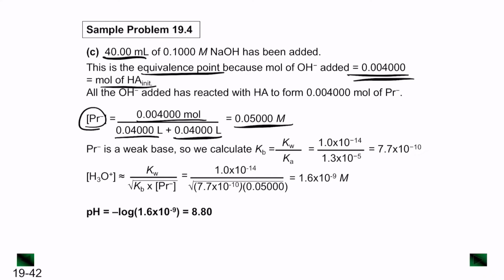Because Pr minus is a weak base, we can calculate Kb, which is Kw by Ka, giving a final value of 7.7 times 10 to the power negative 10. From the formula, H3O plus equals Kw divided by the square root of Kb times Pr minus, you can get the value of H3O plus and finally calculate the pH value. This pH value is the pH at the equivalence point.